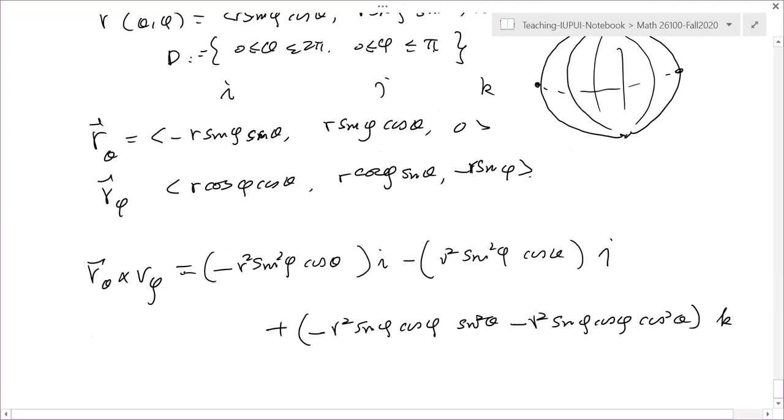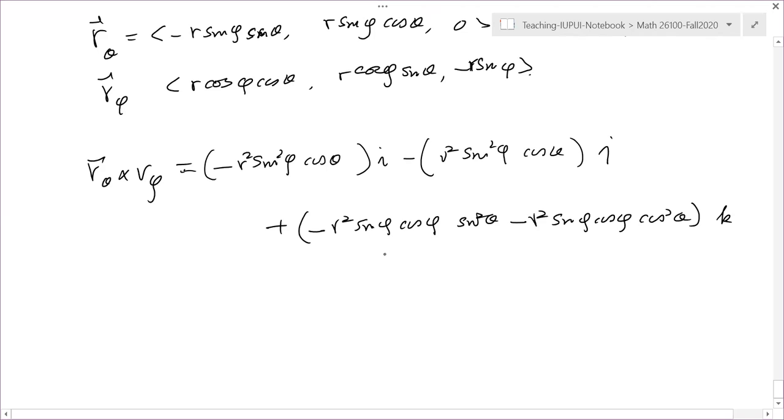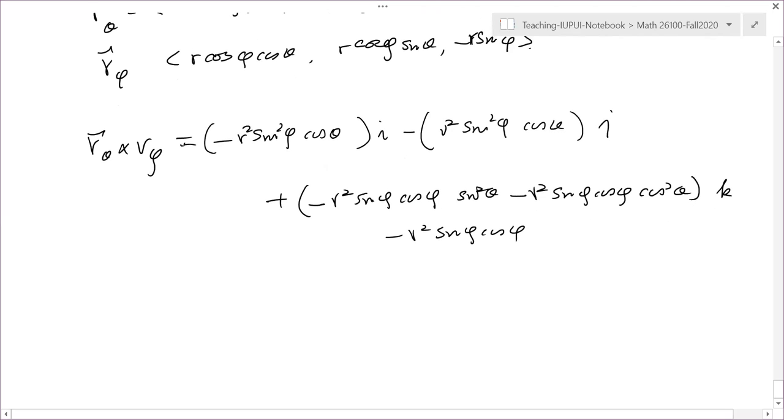Okay. So actually, you can combine them, because cosine squared plus sine squared theta is going to be 1. So I do get the following vector.